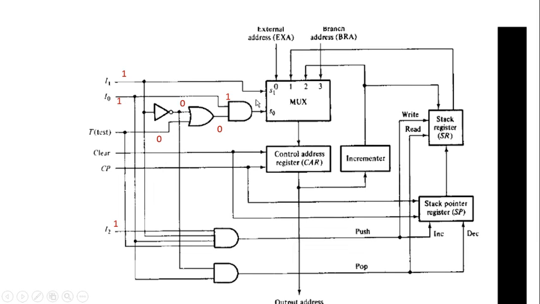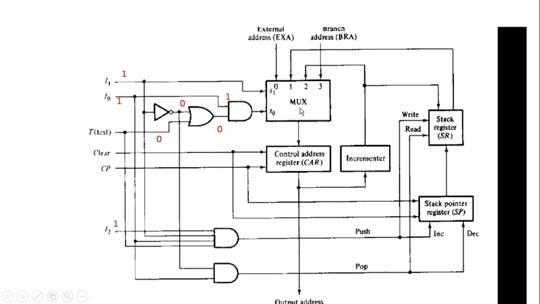If I1 equal to 1, S1 is 1. I0 equal to 1, so one input of this AND gate becomes 1. This is 1, so this complemented form is 0 here. Test is 0, so this OR operation generates 0. One of the two inputs of this AND operation is 0, so S0 is 0. This is the case 1 0, which in decimal is 2.